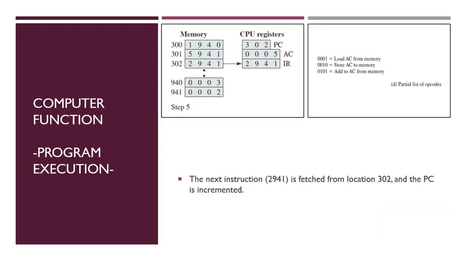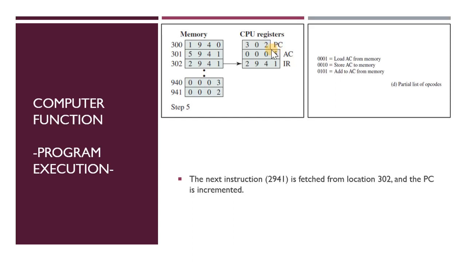In step 5, the processor will fetch the next instruction as stated in the PC, program counter, 302. Basically, this PC is incremented once the instruction has been executed, so from 300 to 301 and now 302.